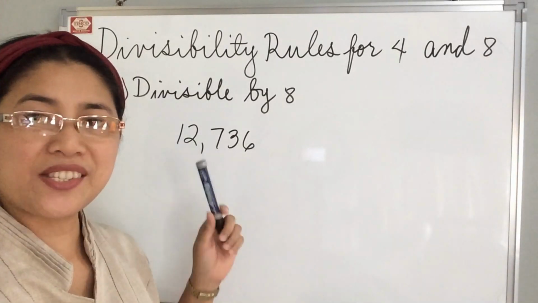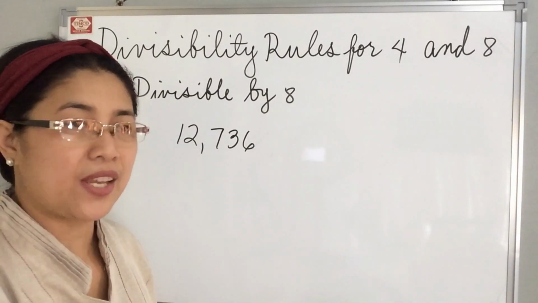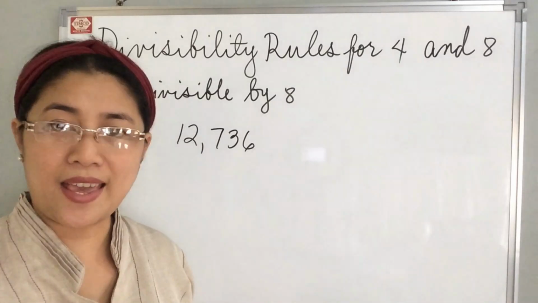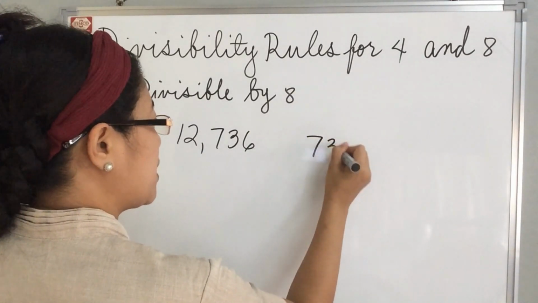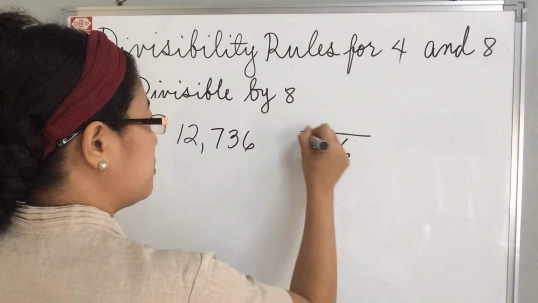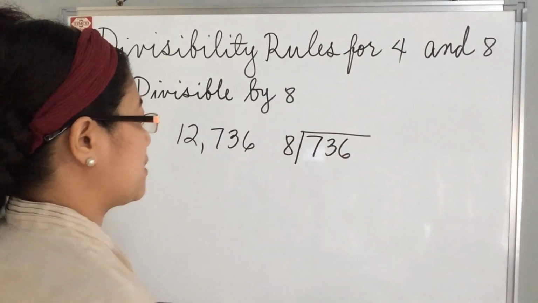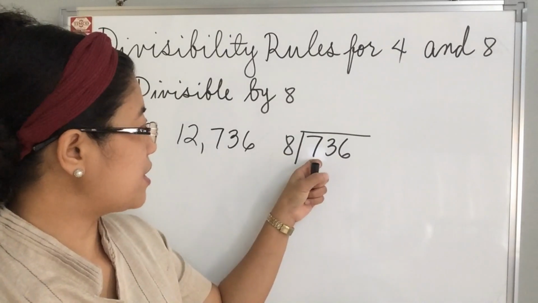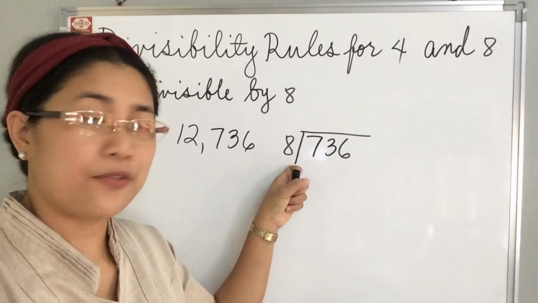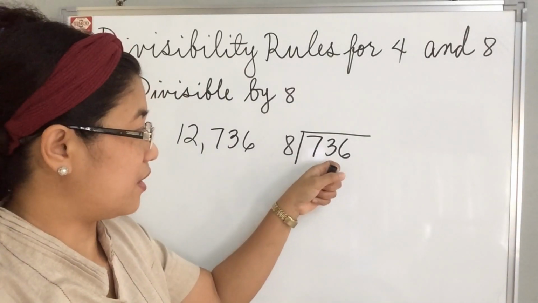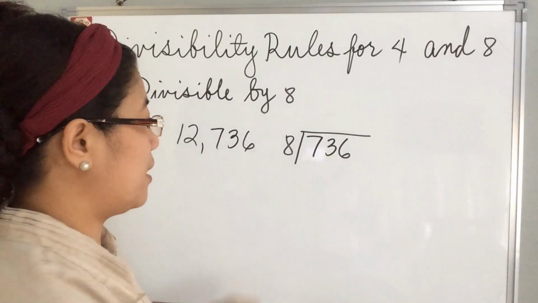12,736. So let's get the last 3 digits and divide it by 8. So 736 divided by 8. 7 divided by 8 cannot be. We cannot get 8 from 7. So let's include the next digit.